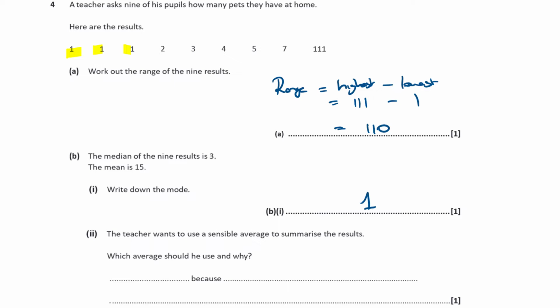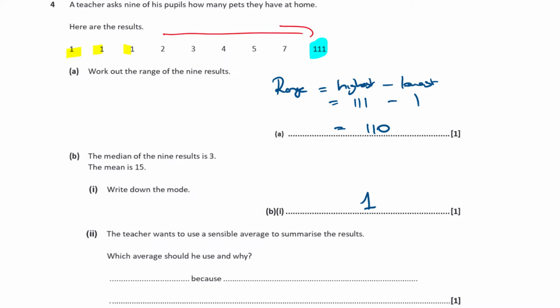In fact, none of them are near 15, even 111, isn't it? What happens when you've got an outlier like this big 111 on the end? It drags the mean up towards the top end, well beyond the 7, and up towards 111.